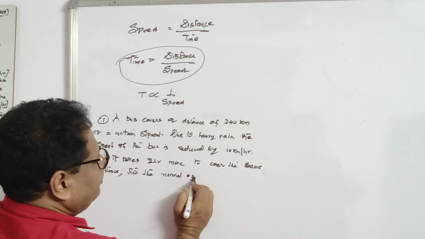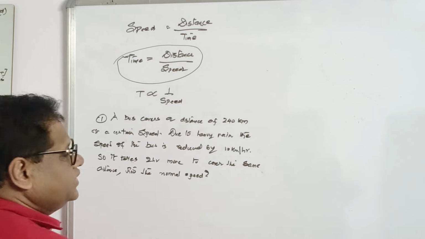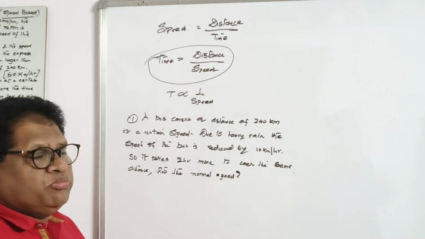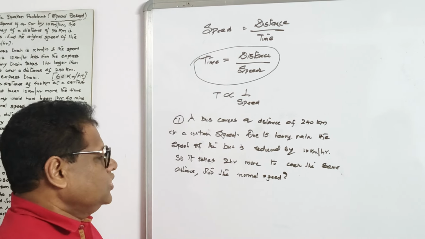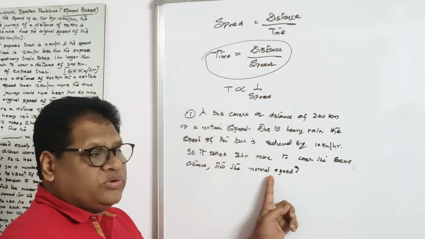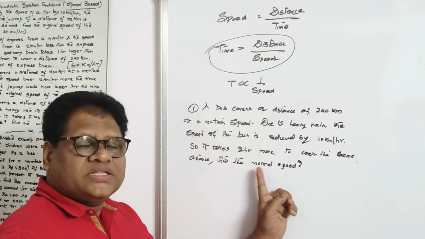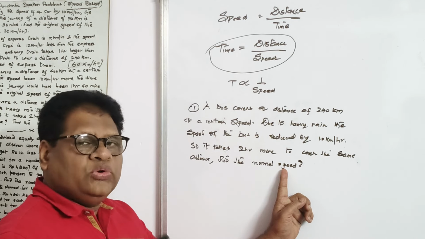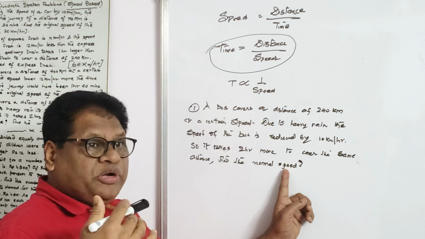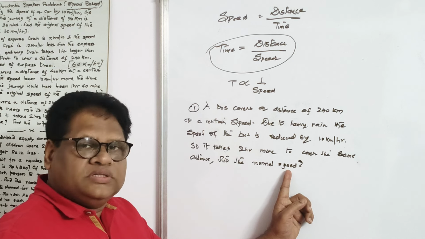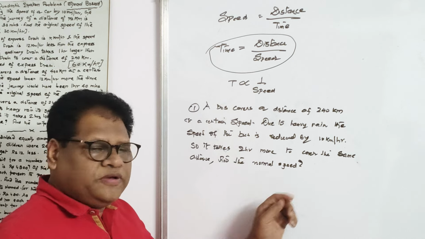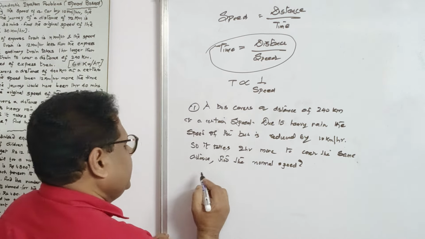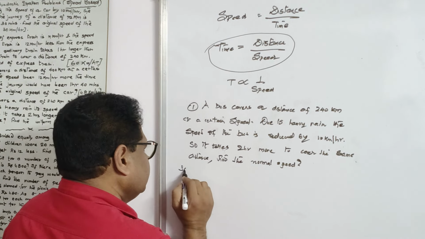One thing please keep in mind: when you want to assume x, you have to read the last statement. Whatever is asked in the last statement, you take that as x. The moment you get the solution set of x, the question ends there itself. Now this is the solution.